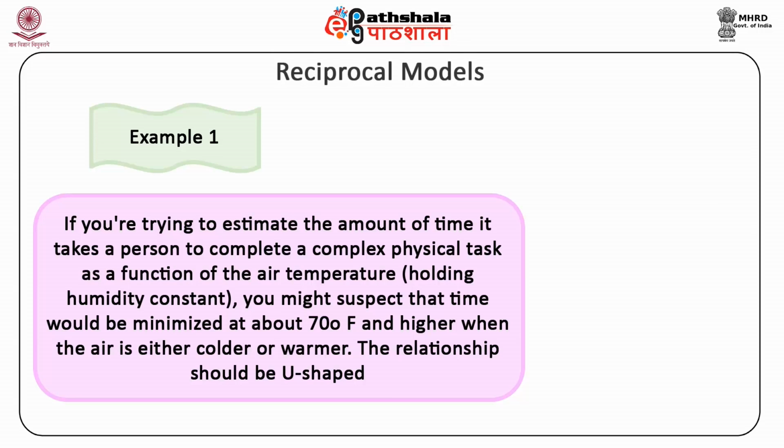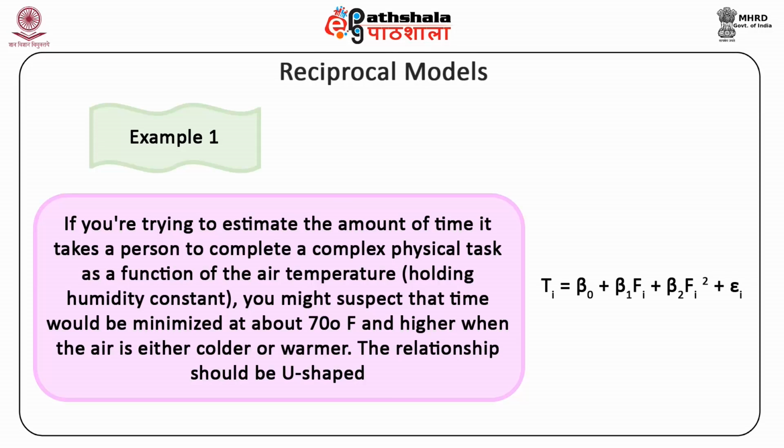So we might choose to model this as Ti = beta 0 + beta 1 Fi + beta 2 Fi² + epsilon i. You would expect the estimated coefficient on Fi to be negative and the estimated coefficient on Fi² to be positive. This will produce a curve with the desired U shape.